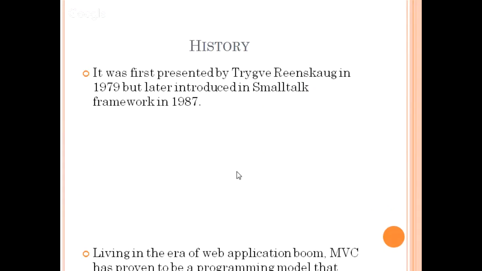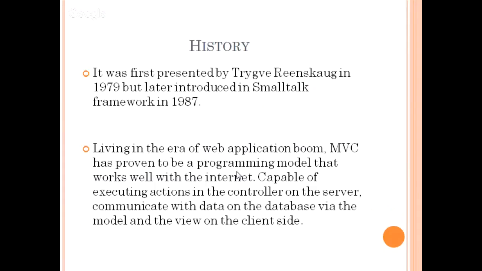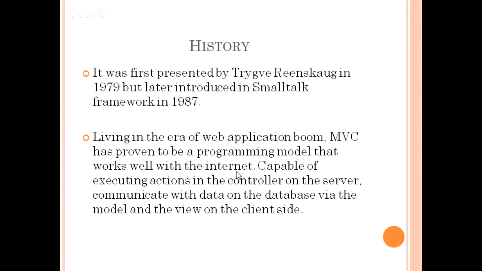We're living in an era of applications. MVC fits well with the internet in the sense that it's capable of executing actions in the controller, which is on the server side. It also communicates with the data on our database via the model, and communicates with the view on the client side. Sorry for the non-developers, this might sound a bit strange, but I hope to carry them along.